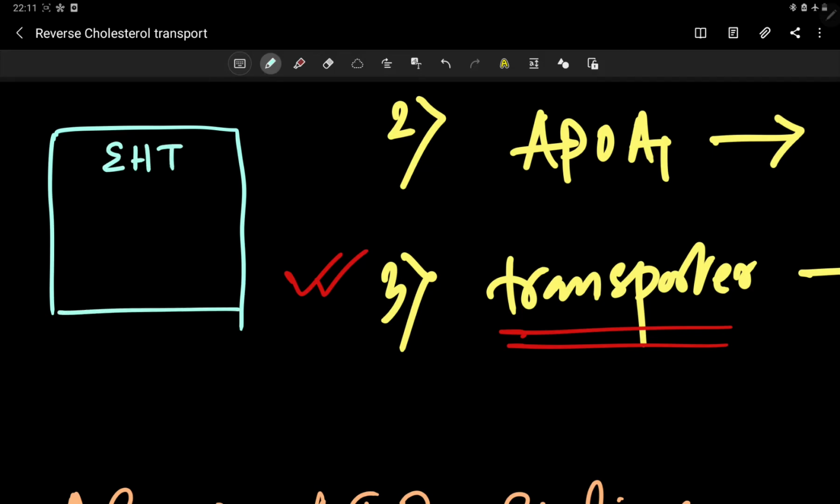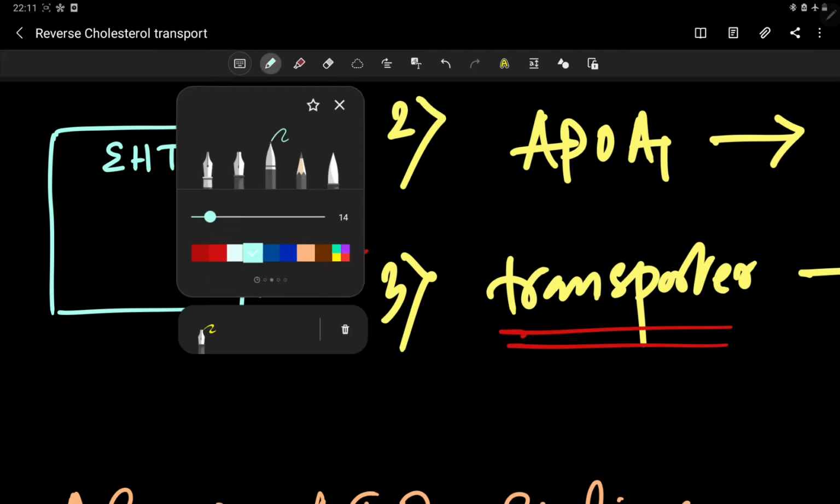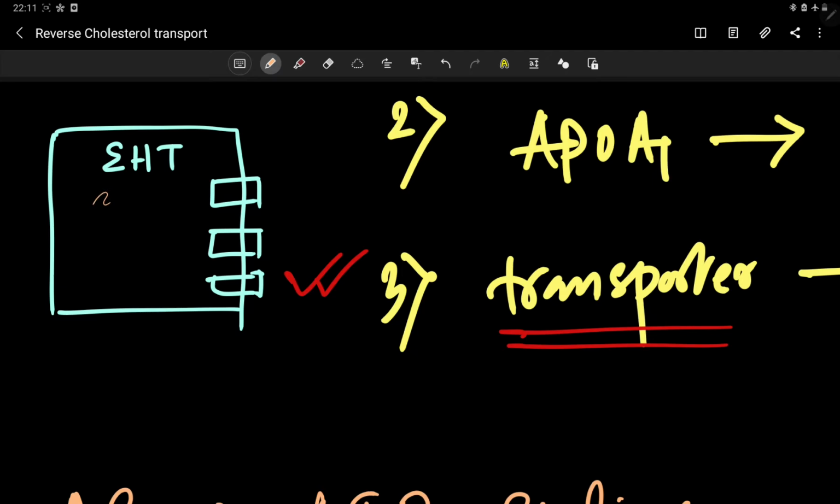I am writing EHT for extrahepatic tissue. It has various transporters. These transporters are actually transporting your cholesterol and cholesterol ester both. Okay, so these transporters are actually transporting cholesterol from extrahepatic tissue to your circulatory system in your blood.